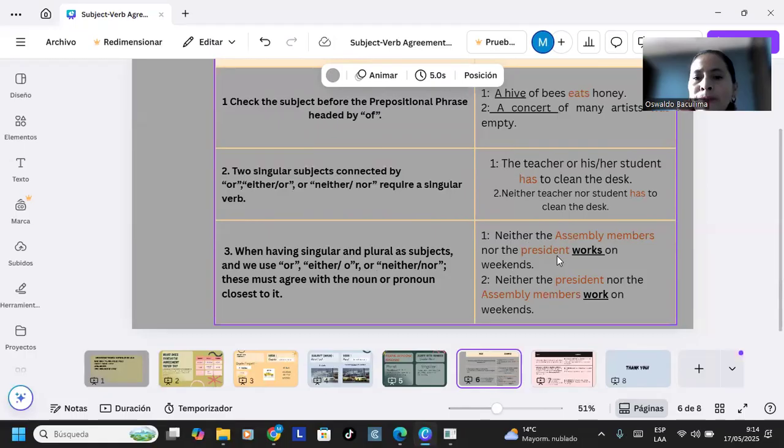Before the verb, we have president. In the subject, we have assembly. This is a plural, but here before the verb we have singular, so the verb goes in singular form.